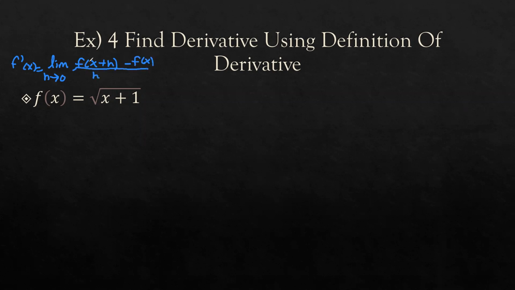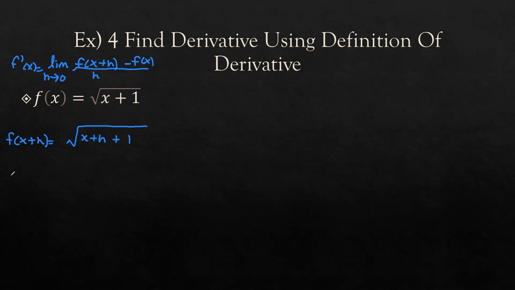Okay, so what we really need to do is find f of x plus h. So let me find that out. So that's going to be square root, replace x with x plus h, and then there's a plus 1.